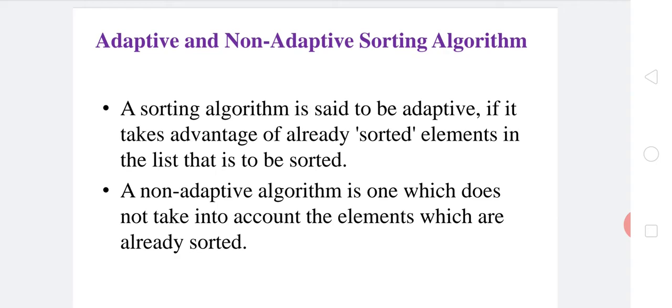That is, while sorting, if the source list has some elements already sorted, the adaptive algorithm will take this into account and will try not to reorder them. A non-adaptive algorithm is one which does not take into account the elements which are already sorted. They force every single element to be reordered to confirm their sortedness.